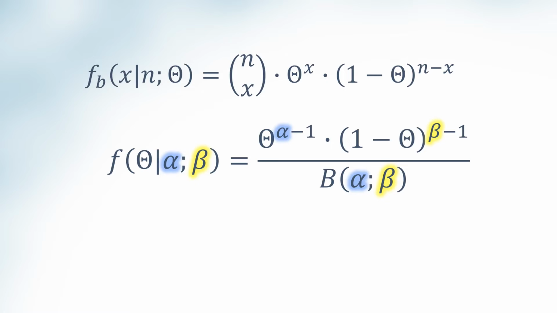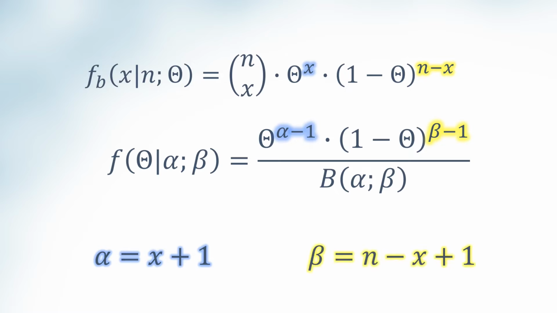Consider this. If we interpret x, which was 6 proposal acceptances in our example, as being equivalent to alpha minus 1, it follows that alpha equals x plus 1. Similarly, if we relate n minus x to beta minus 1, then beta equates to n minus x plus 1.